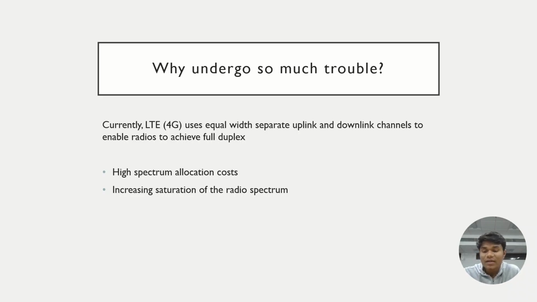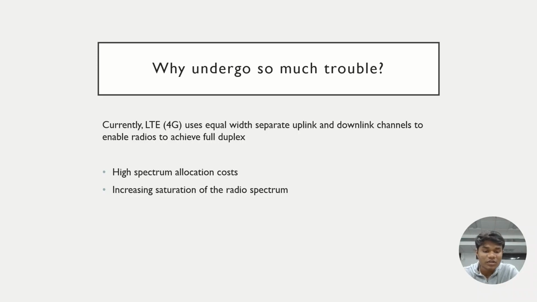Now, for a company to establish a communication system, it has to acquire the spectrum, as in which frequency it is allowed to communicate on. So the spectrum costs are quite high. The bidding for spectrum goes in hundreds of crores. The companies have to give that much money to the government in order to use that spectrum for some agreed upon period of time.